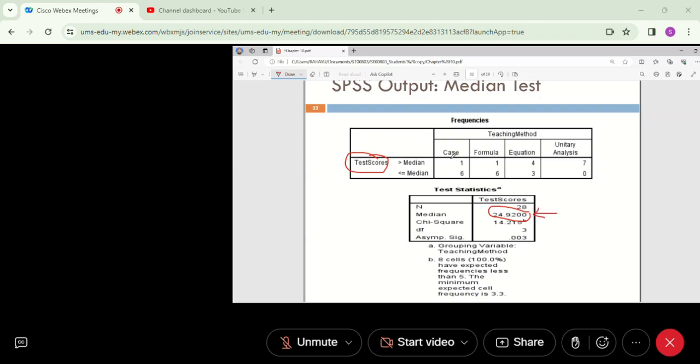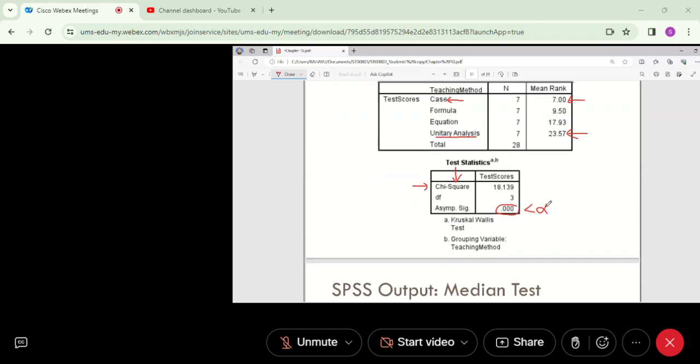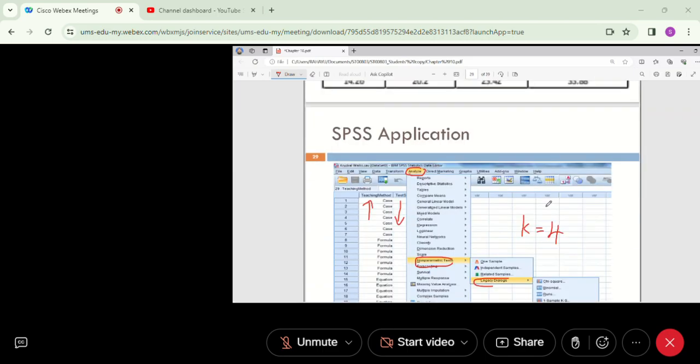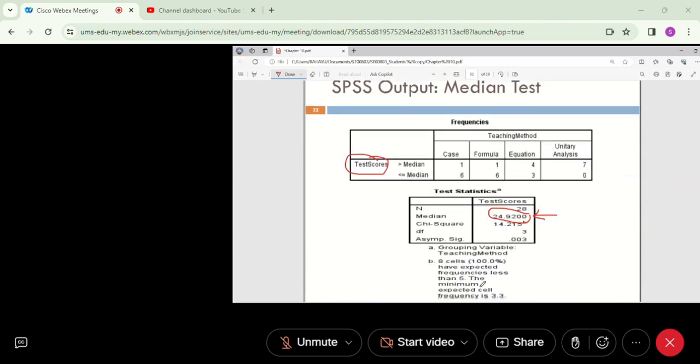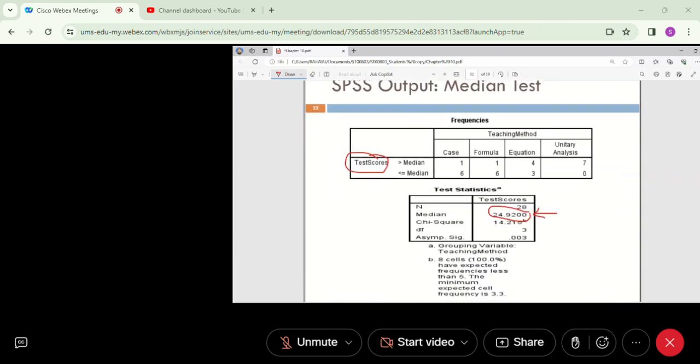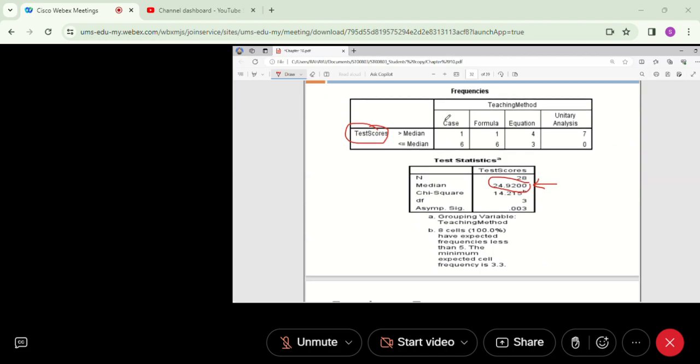We arrange all these scores in ascending order, regardless of the method, and then we find the median. With the median value, we count how many observations are greater than the median value and how many are less than or equal to the median value.